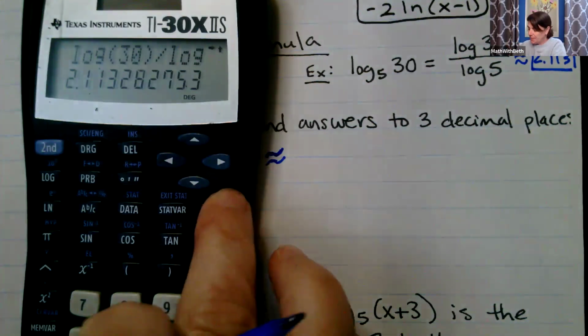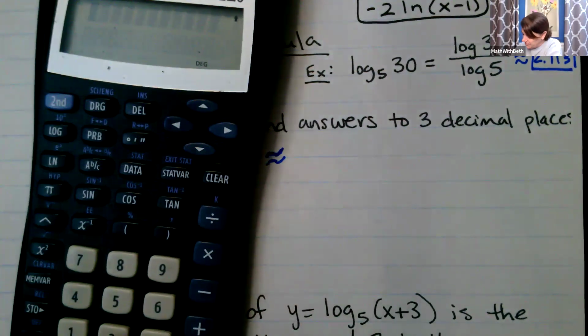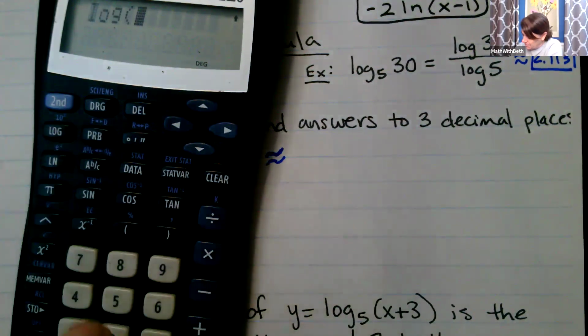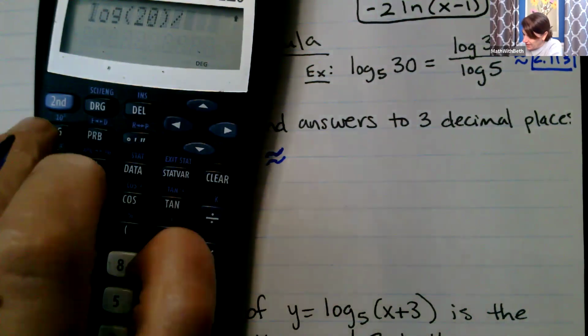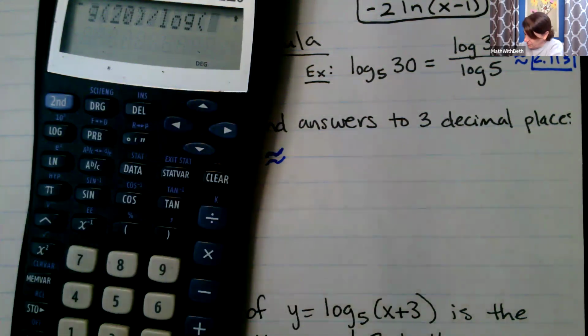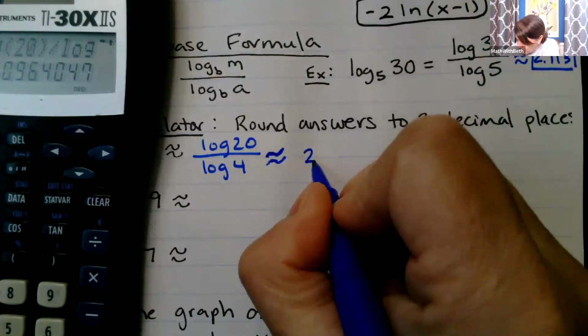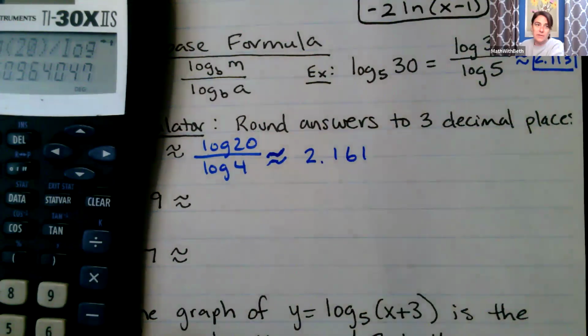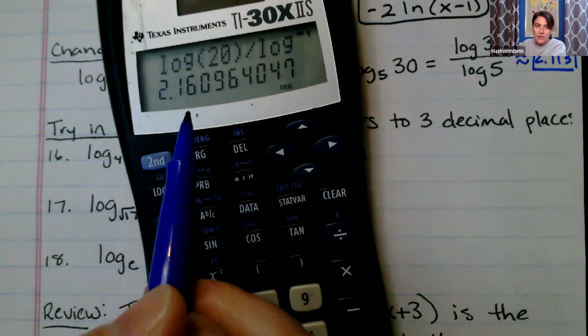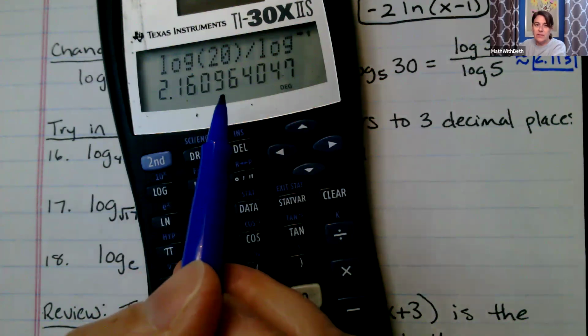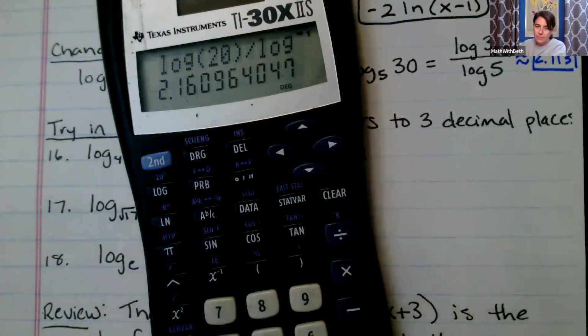It means about. So again, log 20 divided by log 4. Make sure you end that parenthesis before you do the second log. So this one would be about 2.161. So make sure you're okay on your rounding. Do you see why I had to round that third decimal to a 1? Because it had a 9 after it.